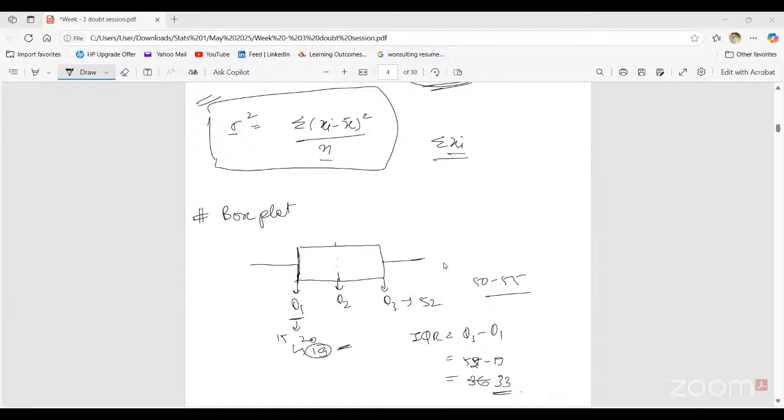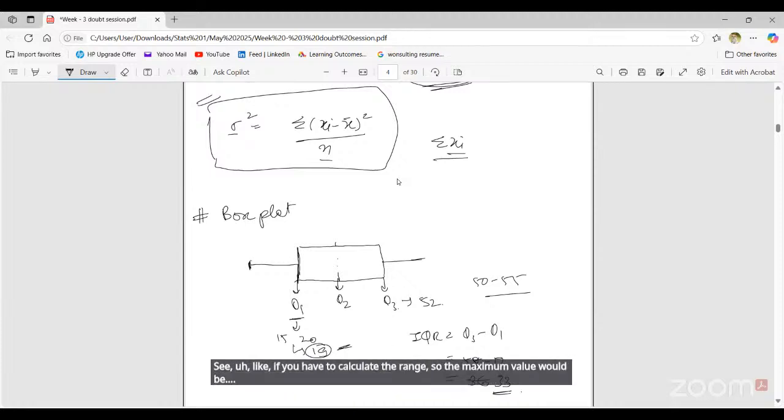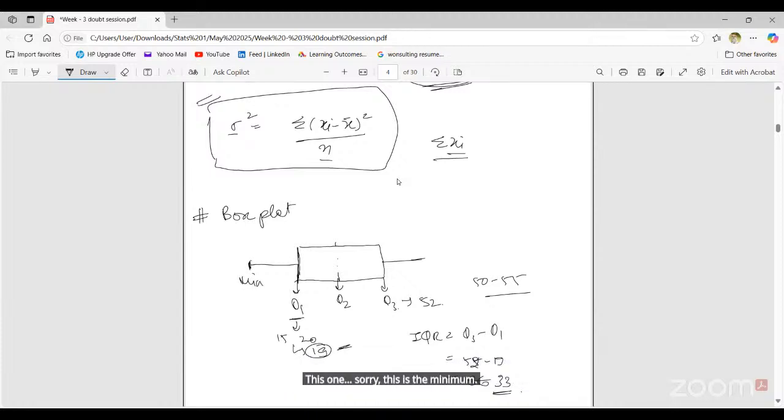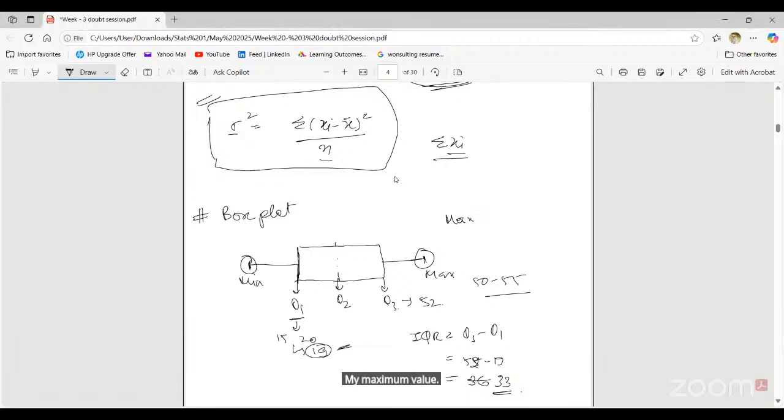See, if you have to calculate the range, this is the minimum and this is the maximum. So just take the values of maximum and minimum and subtract them. Let's suppose my maximum value is 68, and my minimum is, let's suppose, 3.